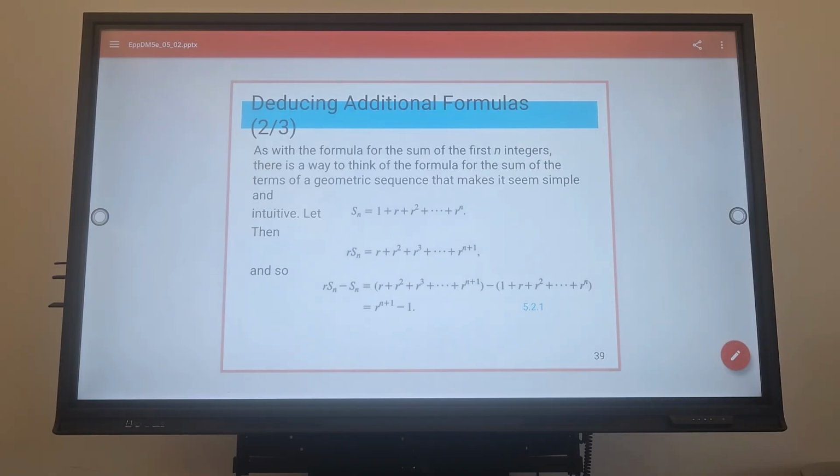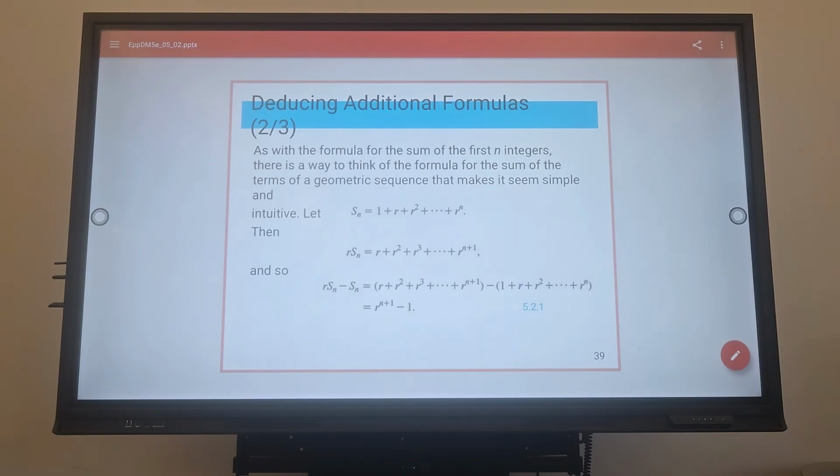As with the formula for the sum of the first n integers, there's a way to think of the formula for the sum of the terms of a geometric sequence that makes it simple and intuitive. Let S sub n be the geometric sequence, then r times S sub n equals r plus r squared plus r cubed, etc., to r to the n plus 1.